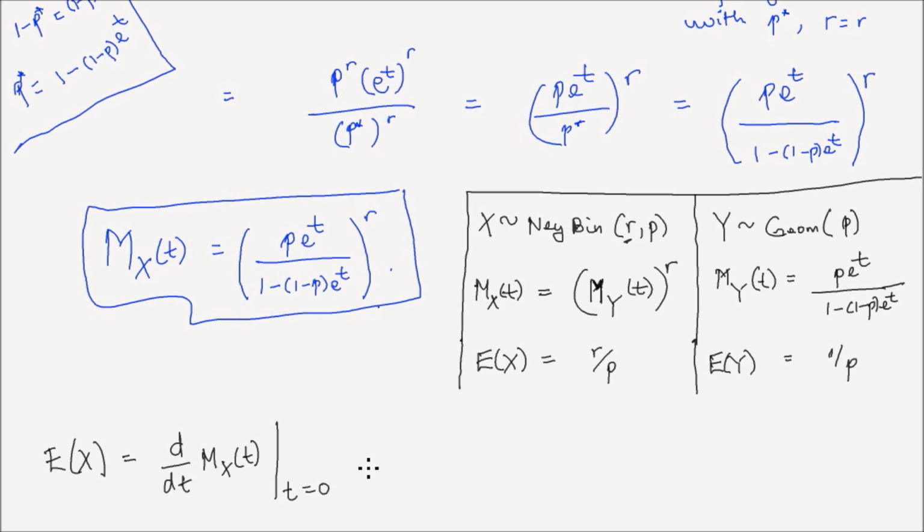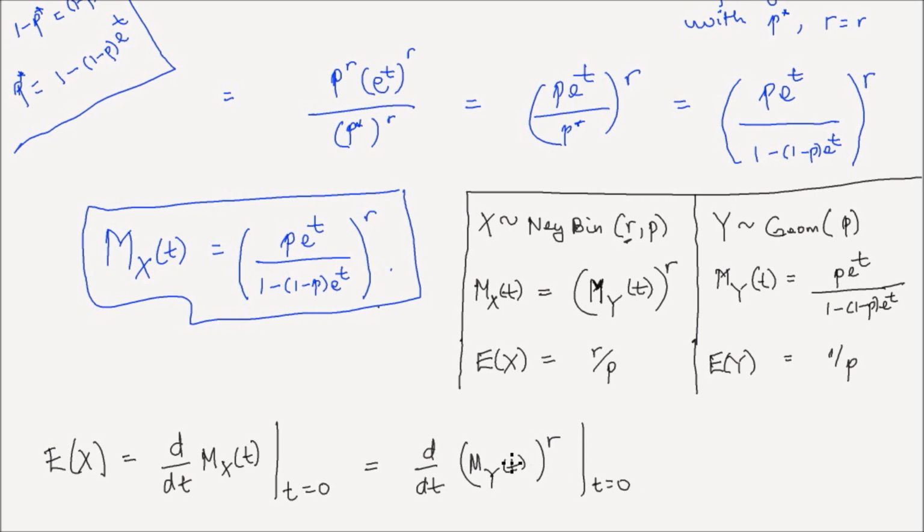Now that is equal to the derivative with respect to t of the MGF, but I can write that MGF as M_Y(t) to the power of r, where Y is the geometric random variable. Because what's inside here is simply the MGF of this geometric random variable evaluated at t equals 0.